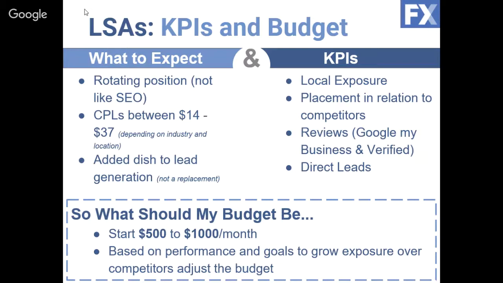Because of that, we're seeing a lot of people have success with budgets around $500 to $1,000 a month, depending on what their competition is doing, what market they're serving, all those kinds of factors. But somewhere in that 500 to 1,000 mark is a good range, and something we've seen a lot of businesses having success with.